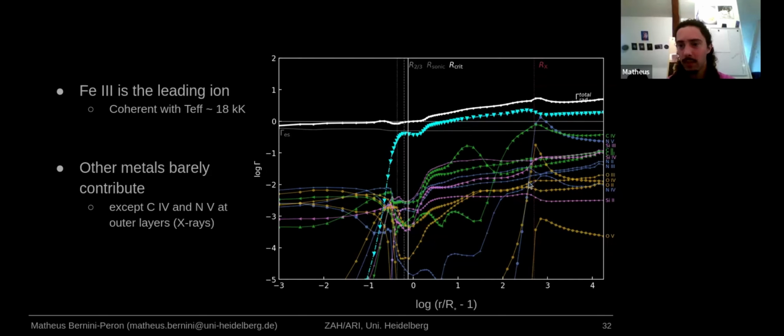Maybe not in the upper part, where the X-rays really kick in and make nitrogen 5, carbon 4 and some other ions, which are much more sensitive to X-rays, start to have a larger imprint on the wind acceleration. But the main message is that iron 3 is the biggest contributor.